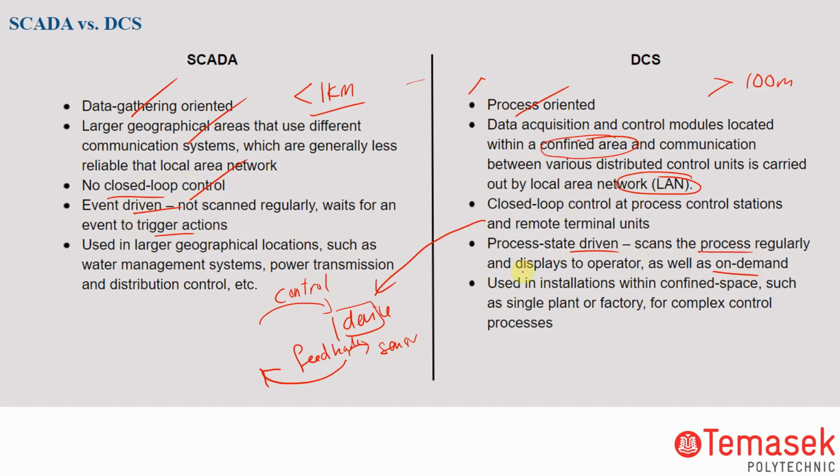Process driven: remember the process we went through two weeks ago. You can have a certain liquid or whatever that needs to continue to run, and depending on the state at that point in time, you need to add in or remove. It's continuous. This is on and off, discrete. This is continuous.